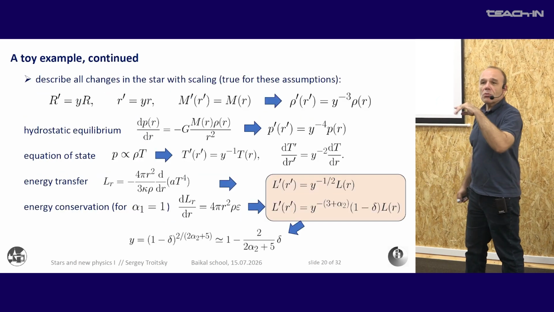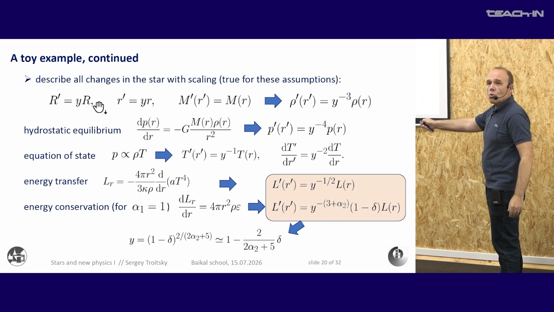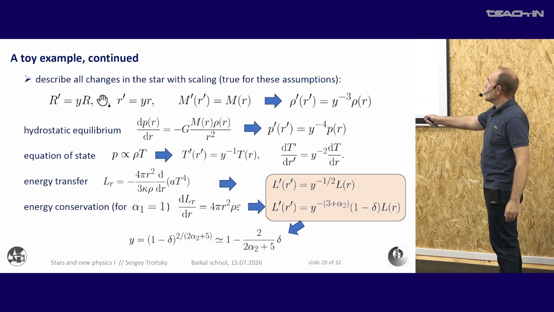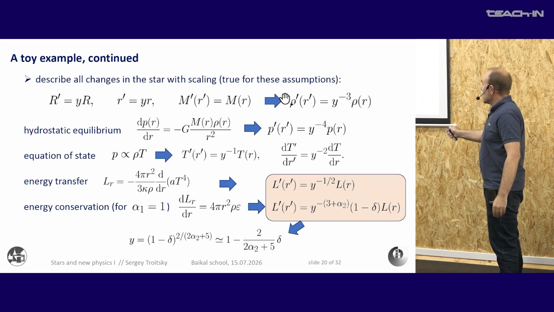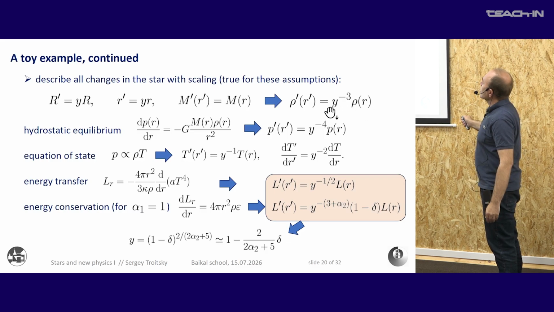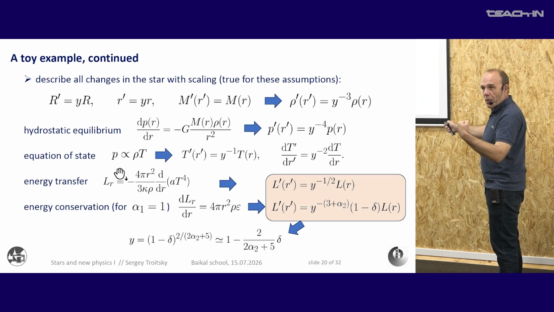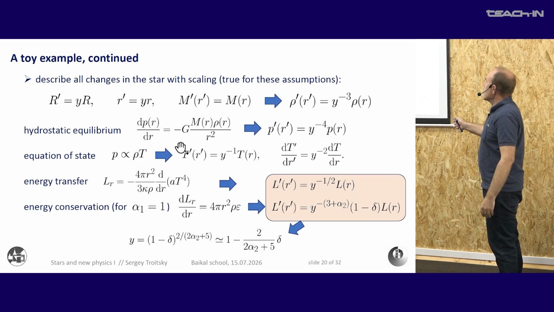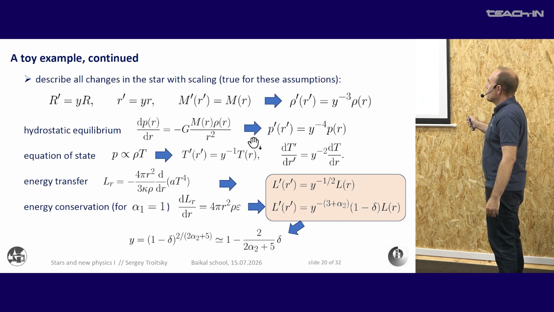So I substitute this simple scaling into my stellar equations, one by one. I start with the hydrostatic equilibrium. The scaling of density I obtain just from dividing mass by r cubed. I substitute it into the hydrostatic equilibrium and obtain the scaling for pressure.